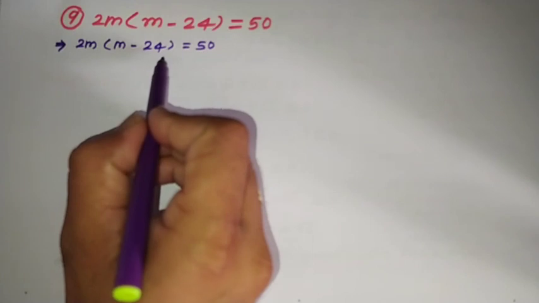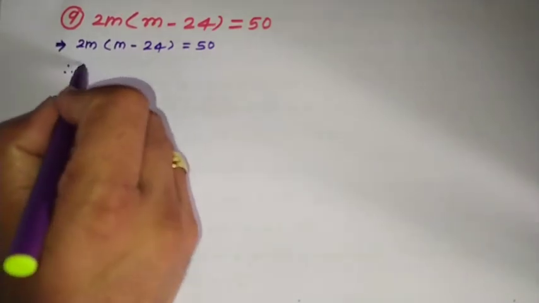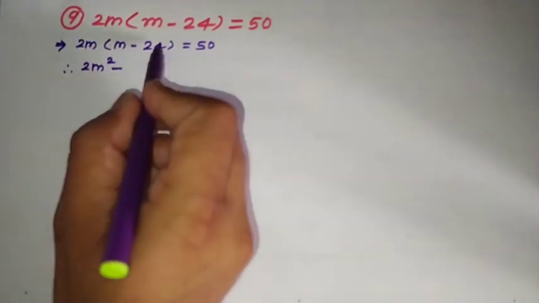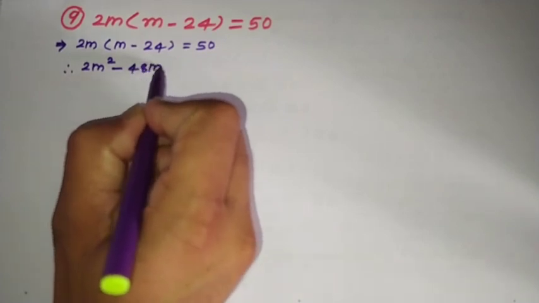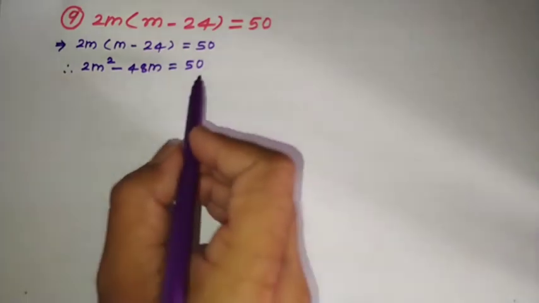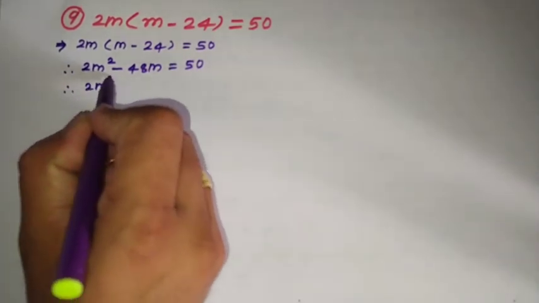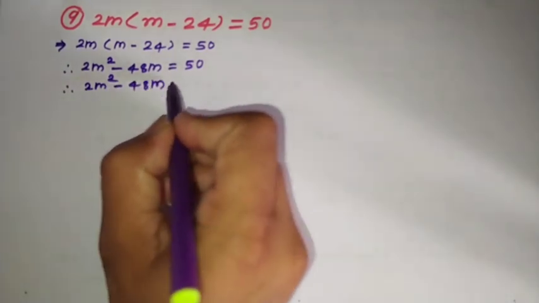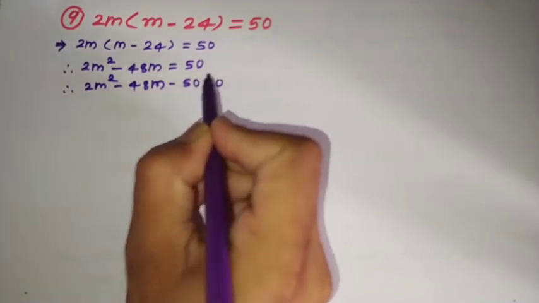First solve the bracket, multiply by 2m. 2m into m is 2m square, minus 2 into 24 is 48m, equal to 50. 50 goes to the left side: 2m square minus 48m minus 50 is equal to 0.